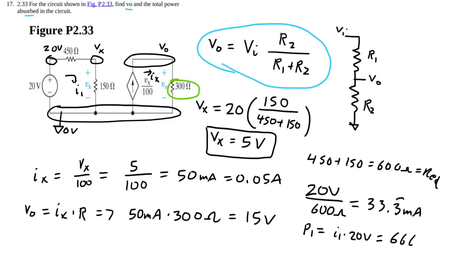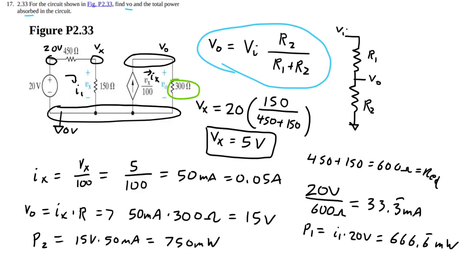666 milliwatts for P1. And a similar process for P2, which is going to be the power dissipated by the 300 ohm resistor. But we can just use our 15 volts times 50 milliamps. And that equals 0.05... 750 milliwatts.